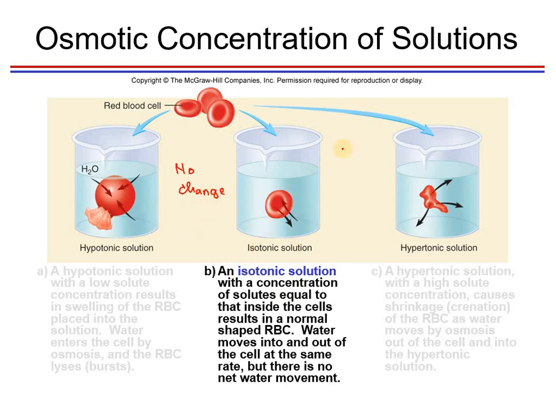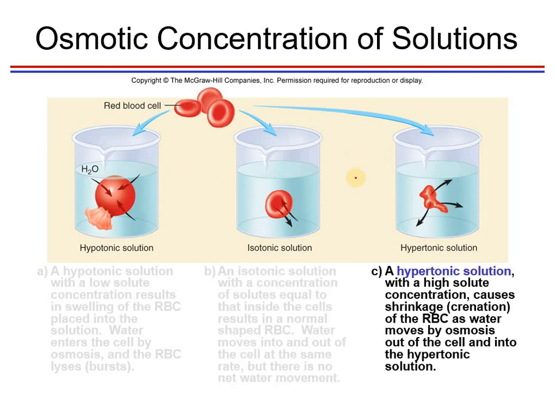Okay? So, that's it. And then, what else? You have here, the last one, the hypertonic solution. So, anong mangyayari sa hypertonic solution? Anong mangyayari sa animal cell? Anong mangyayari sa plant cell? At anong mangyayari sa bacterial cell? Sa bacteria. Yan.